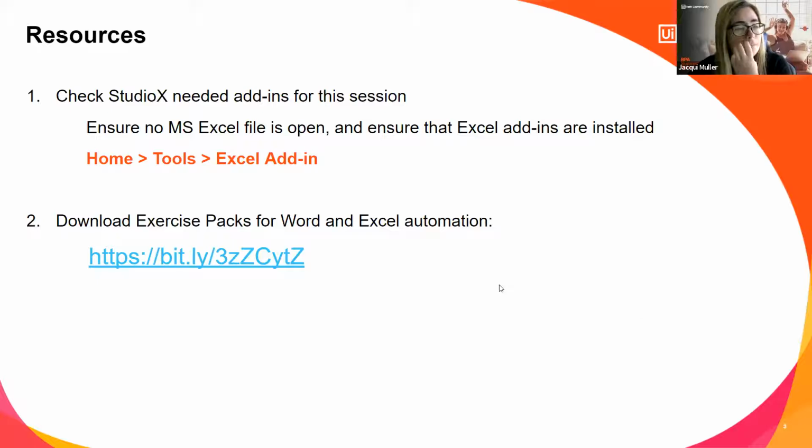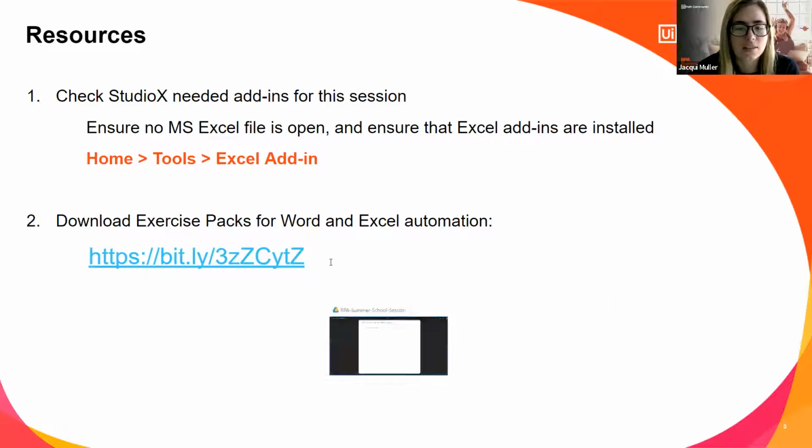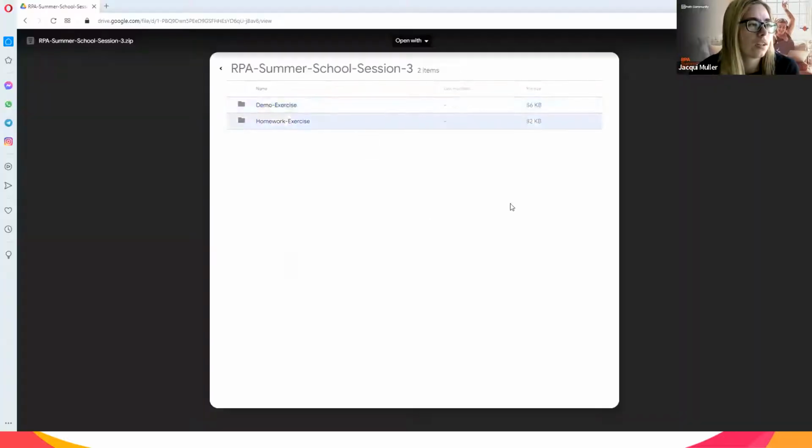Yes, sure. Thank you. Perfect. There it is. If you go to that link, you'll see this. It's a zip file that you just need to download. When you unzip it, there'll be a demo exercise, which is the Word and Excel automation. The homework exercise is just an Excel automation that we'll start all together, and you can complete that later on as well.